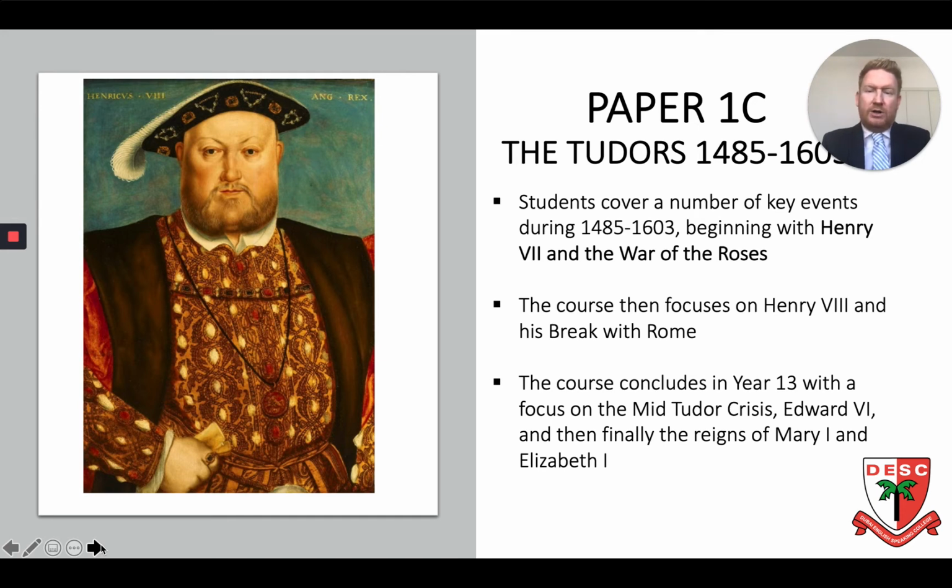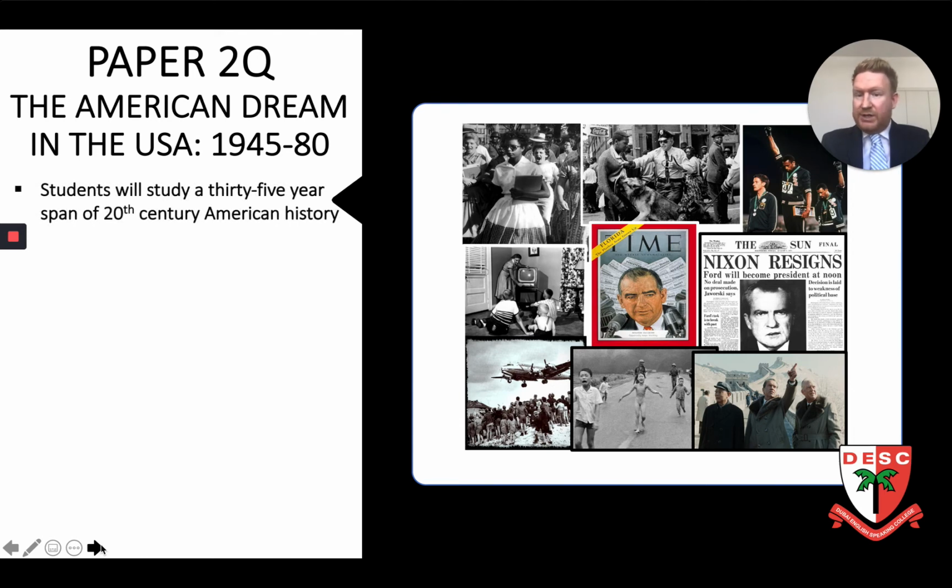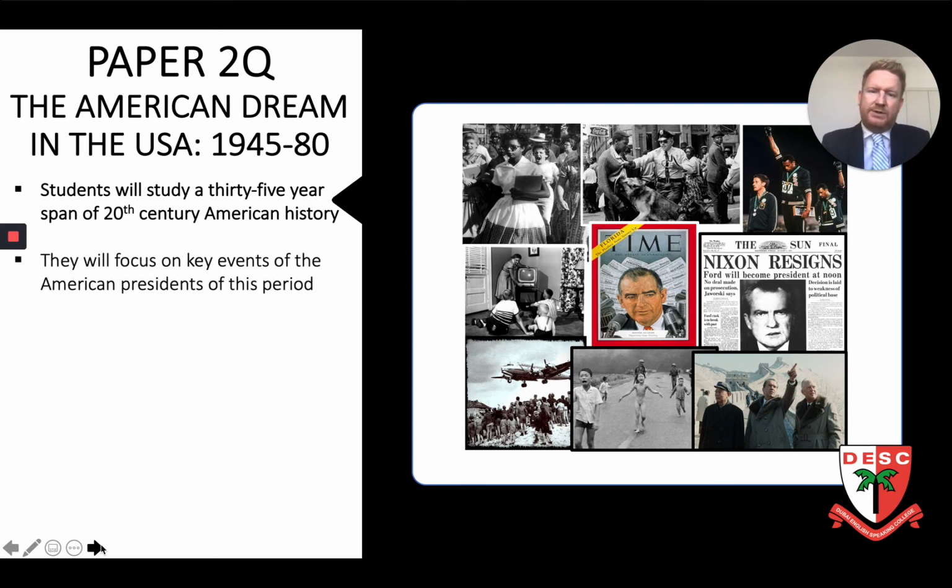students find incredibly engaging. We also focus on paper 2, which is the American Dream, 45 to 80. Therefore, that's 35 years of American history, a crucial period in time in the sense that many different things happened to form US society as it is today.